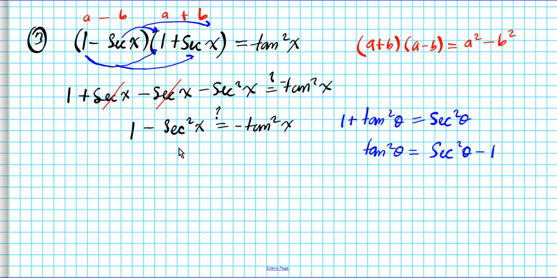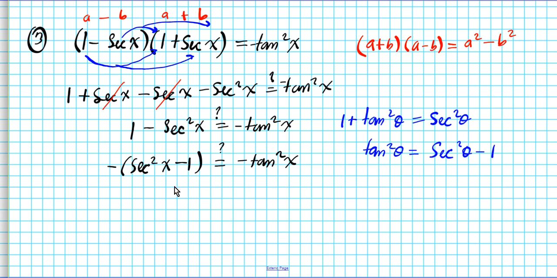Okay, 1 minus secant squared theta. Anytime you switch the order of a subtraction, a minus comes out, so it becomes minus, secant squared x minus 1. Is that equal to negative tan squared x?